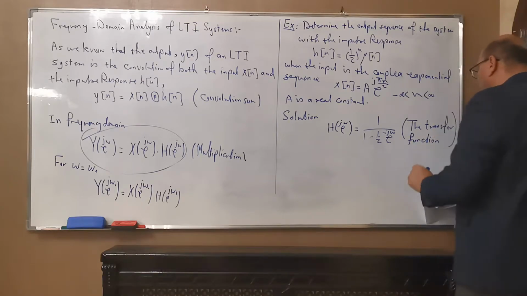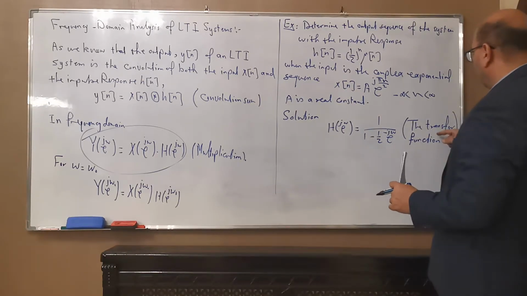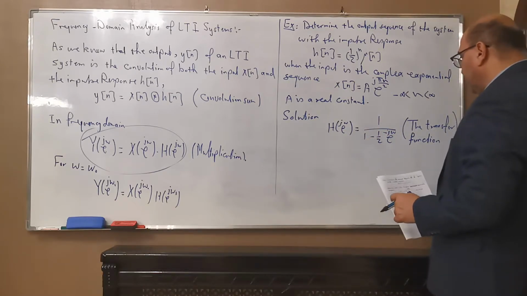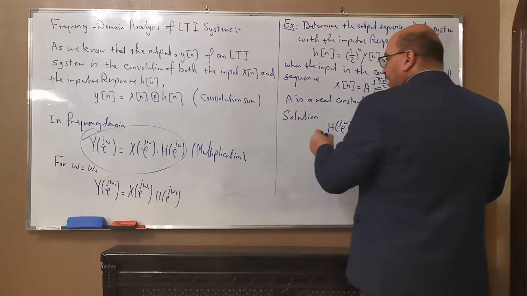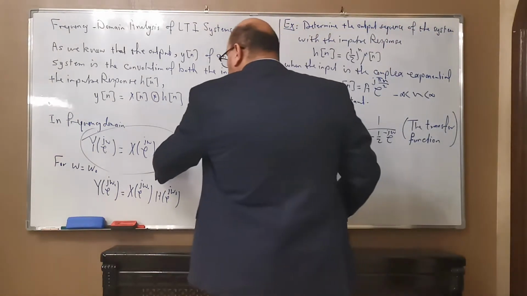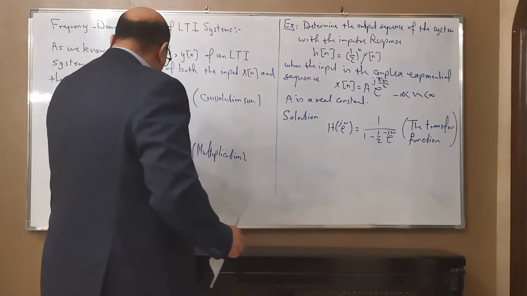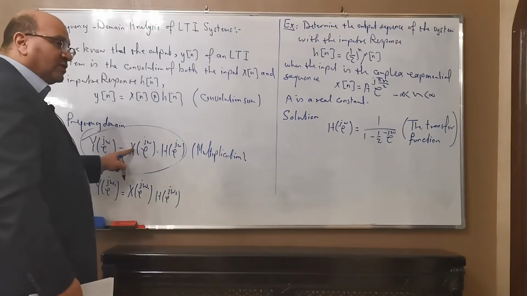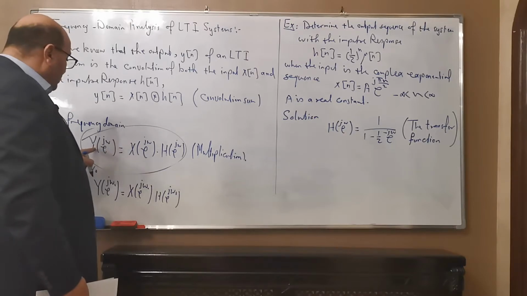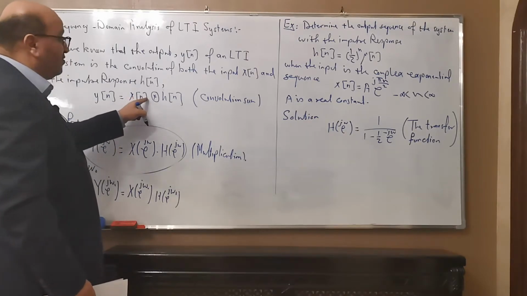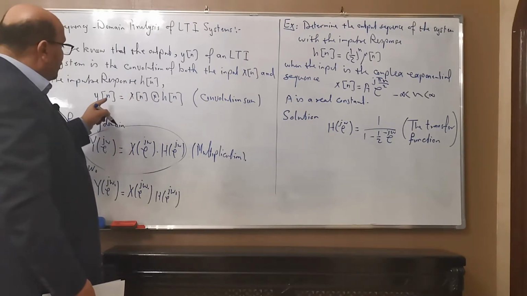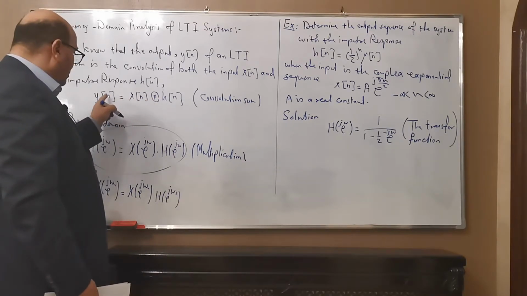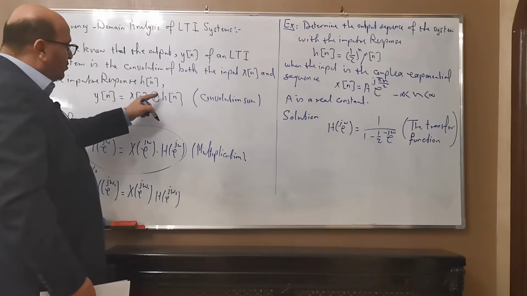And it is the transfer function because you are transforming the input to the output through this function here, okay? And we will see this later, that from here you can say that H of e^jω is equal to Y of e^jω divided by X of e^jω. So it is division in frequency domain. It's convolution in time domain, so you cannot divide y of n over x of n to find h of n.